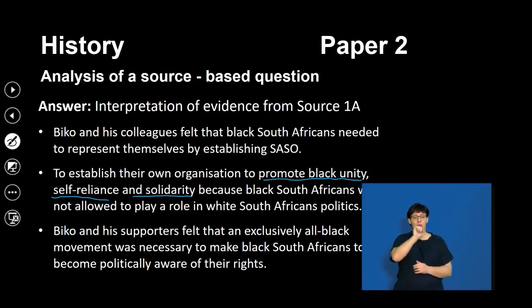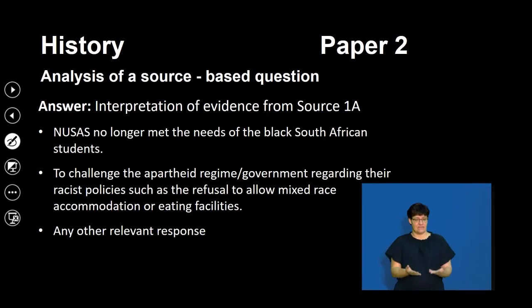Biko and his supporters felt that an exclusive all-black movement, again, you will have seen this in the source, was necessary to make black South Africans politically aware of their rights. So all those are important things that you are going to give in your answer.